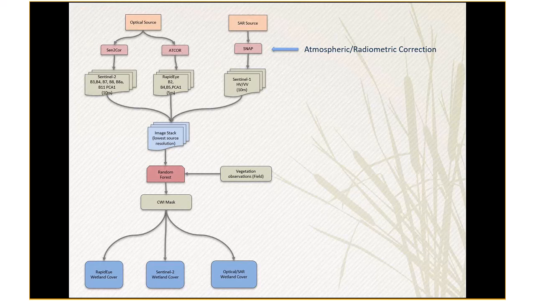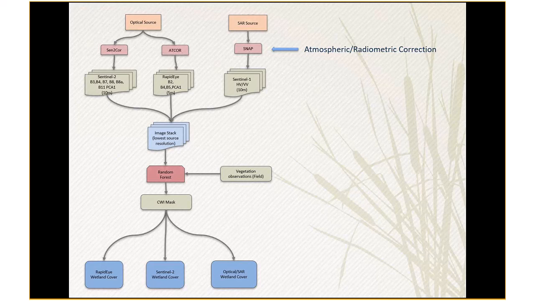We used ATCOR in PCI to do the atmospheric correction and cloud masking for the RapidEye data, and we had a bunch of SAR data that was similarly timed that was used in my early testing. And we basically did the radiometric correction on that and terrain correction in SNAP.